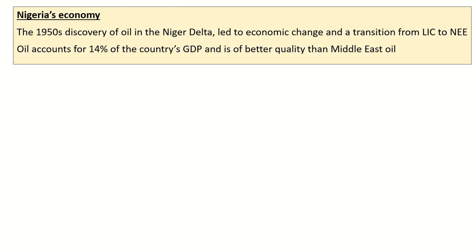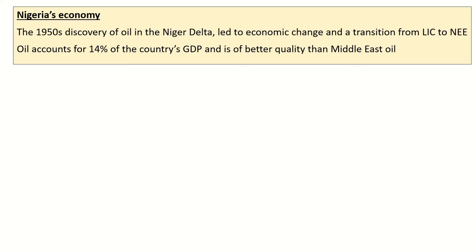Moving on, this case study looks at the idea that Nigeria's economy has changed. Pre-1950, the majority of industry in Nigeria was in the primary sector. That's agriculture, subsistence agriculture.